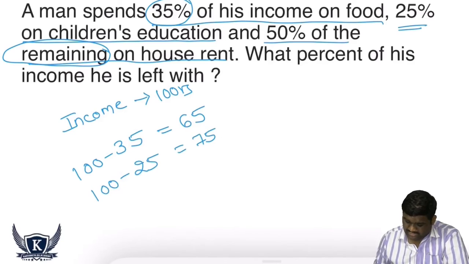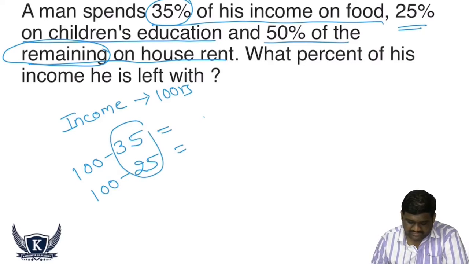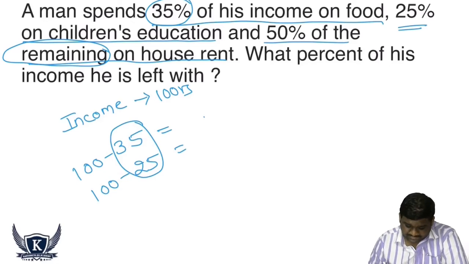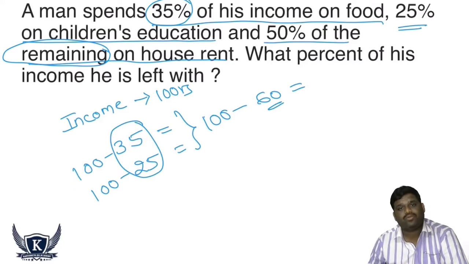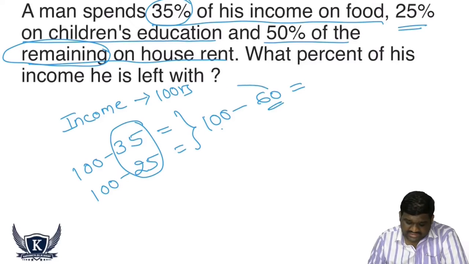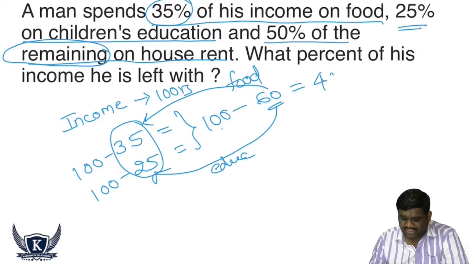I cannot take it directly as 75 and 65. So let us confine to the fact that he has taken 35 and 25 respectively. That means on the whole, he spent 60 rupees out of 100 rupees. In these 60 rupees, 35 rupees is on food and 25 rupees on education, whatever it is, children's education or any education. So the remaining is 40. Of this 40, he is spending 50%.